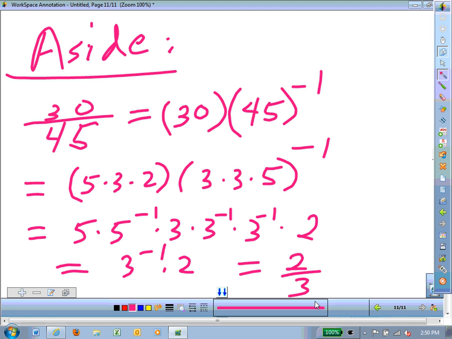But where this might come in handy is if you have more complicated expressions instead of just basic numbers. So expressions made into fractions, you might like turning it into negative exponents and doing it this way. Okay.